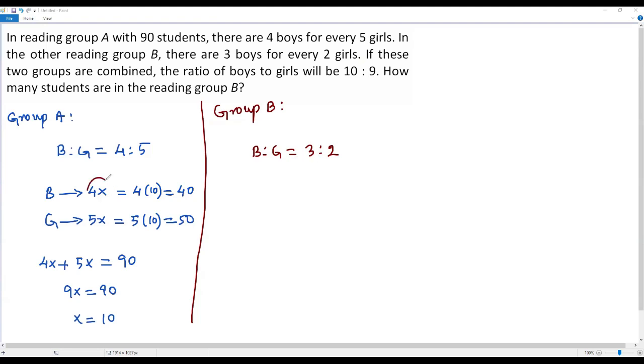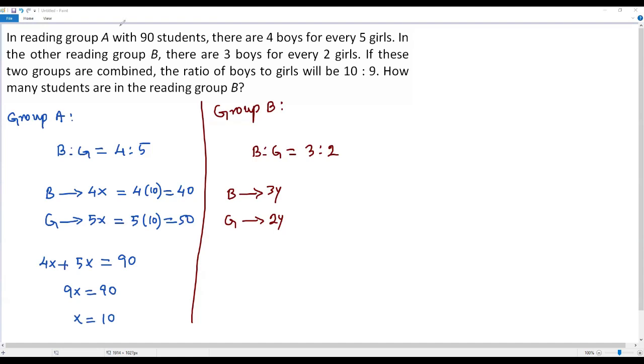Like we multiplied by x for group A, here we multiply by y. Then the number of boys will be 3y, and the number of girls is 2y. Now I have the number of boys and girls in group B in terms of y.